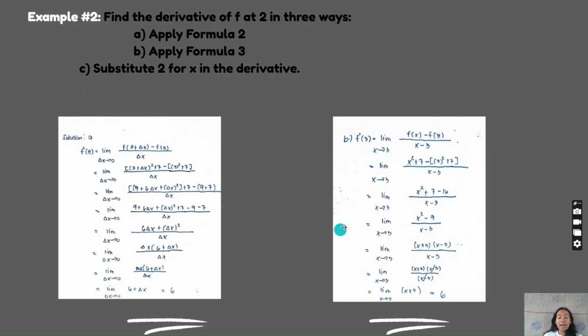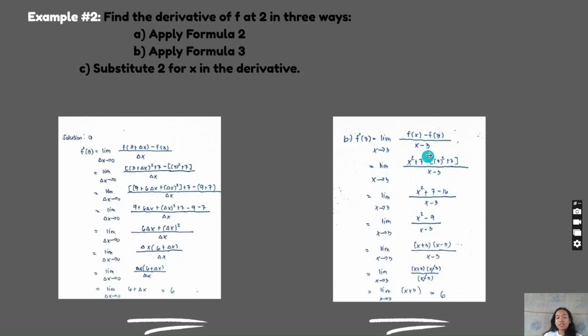So substituting our x sub 1, that is 3, f prime of 3 is equal to the limit of f of x minus f of 3 all over x minus 3 as x approaches 3. Since our f of x is x squared plus 7 earlier, it will be written as it is minus, replacing the x with 3, the quantity 3 squared plus 7, all over x minus 3.